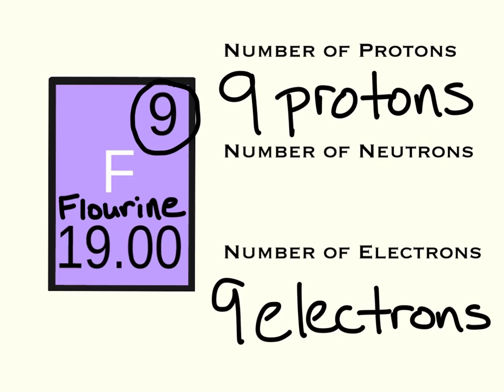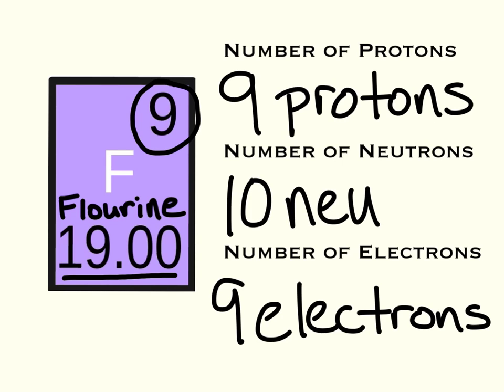Now, the number of neutrons, again, we get from this number 19 right here. I have 19 protons and neutrons total in my nucleus. I know 9 of those are protons, so the other 10 have to be neutrons.